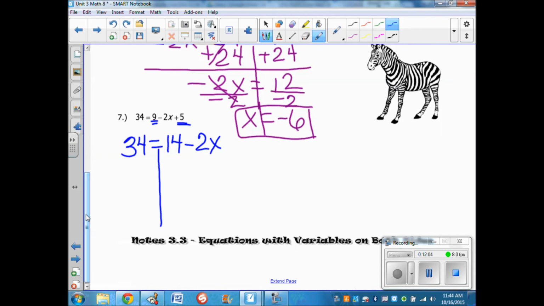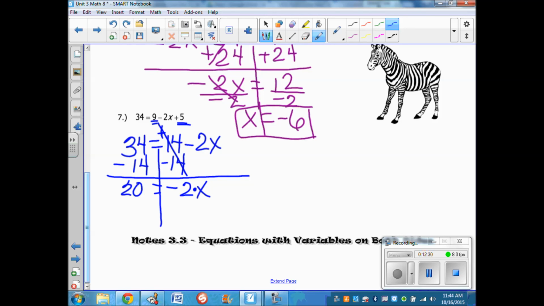So how do I undo this 14? It's a positive 14 right now, so I'm going to subtract 14 from both sides. Now what are we left with? On the right-hand side, I'm left with a negative 2x, equals, and then 34 minus 14 is 20. And this is multiplication, negative 2 times x.